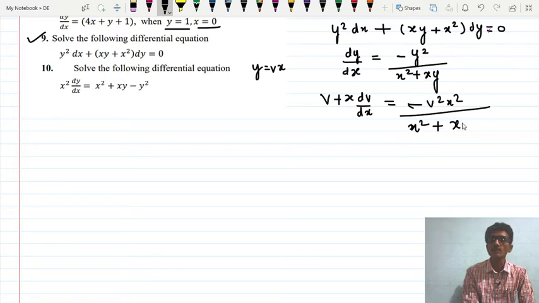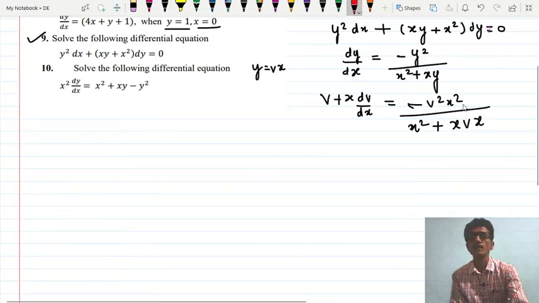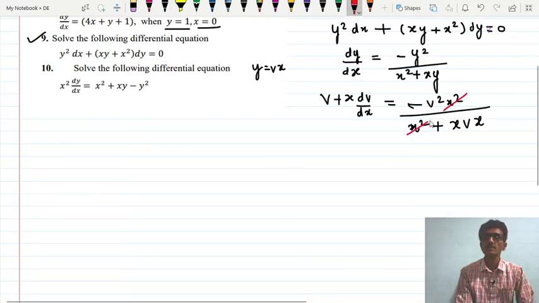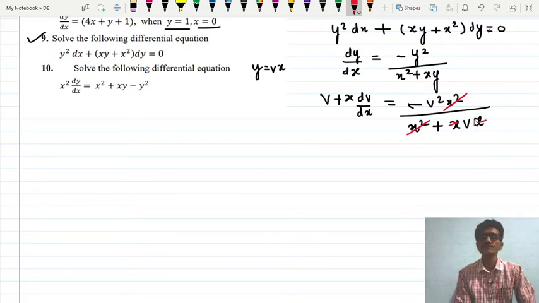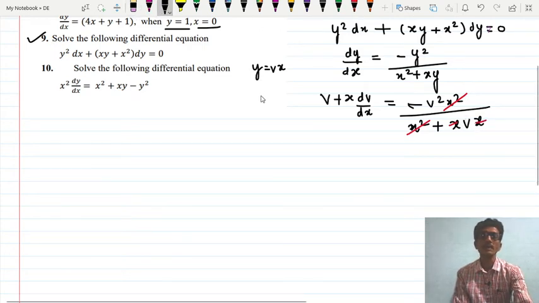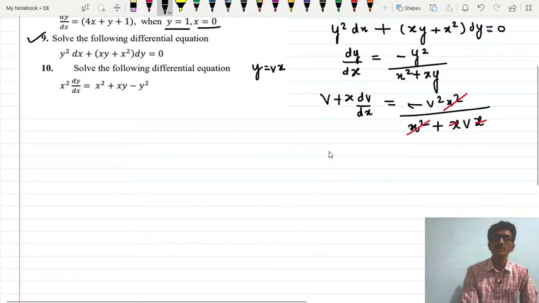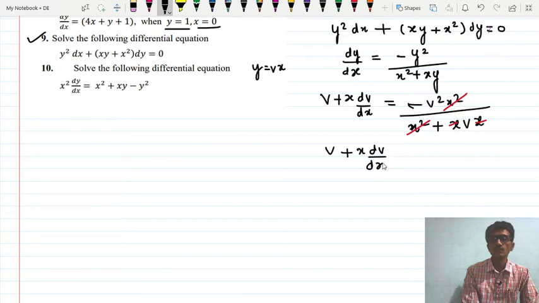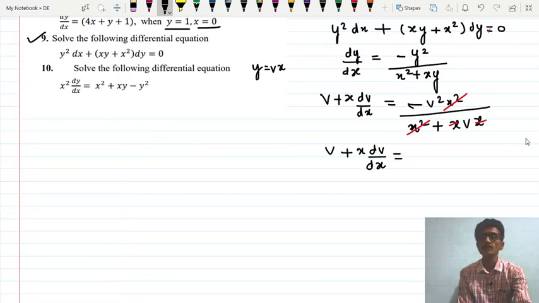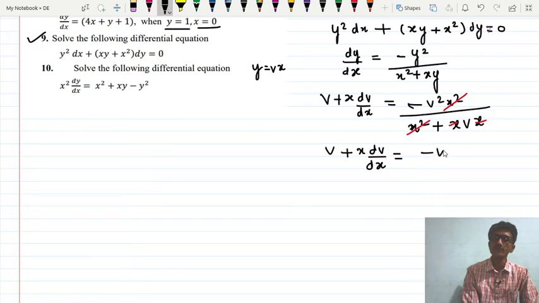X into y means x into vx, so this x square we can cancel. And what we get here is v plus x dv by dx is equal to minus v square upon 1 plus v.